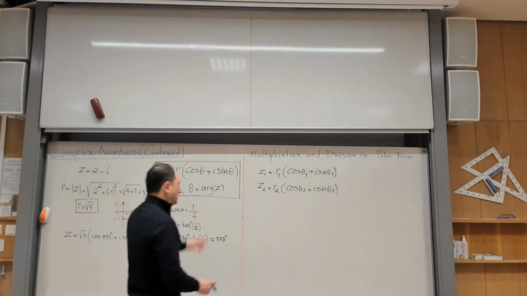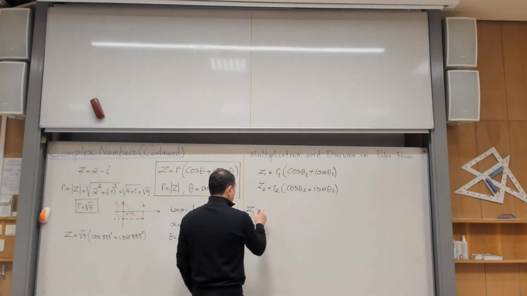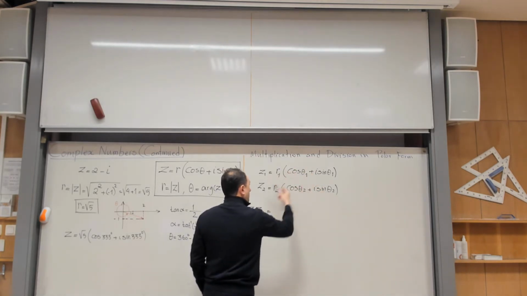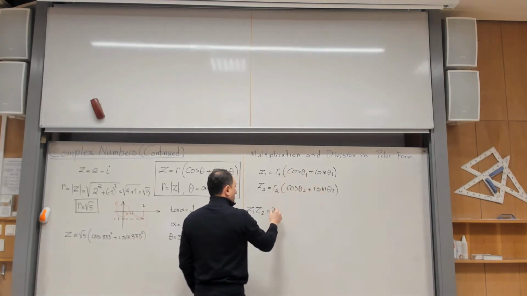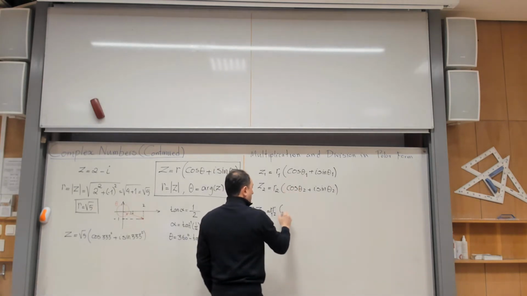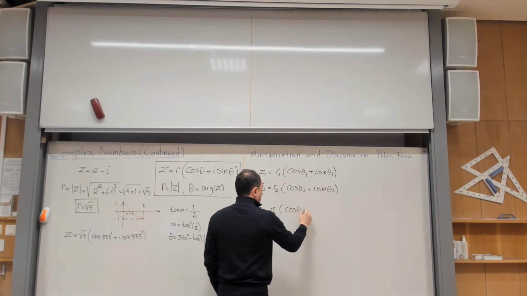So if I want to multiply them, what should I do? I take this number and multiply it by this number. r1 will be multiplied by r2. And then this expression will be multiplied by that expression.